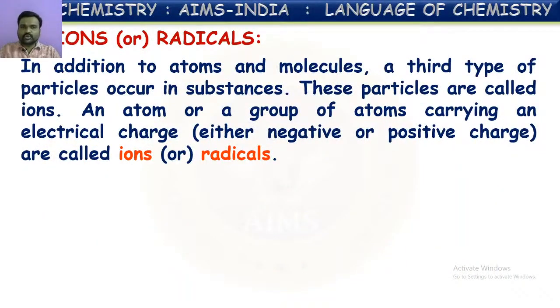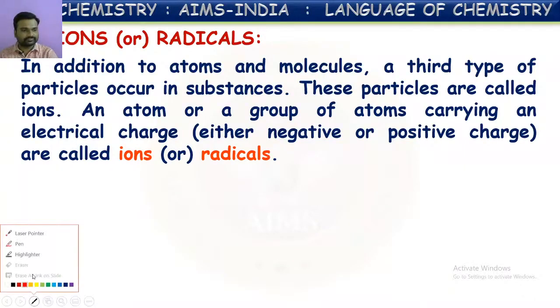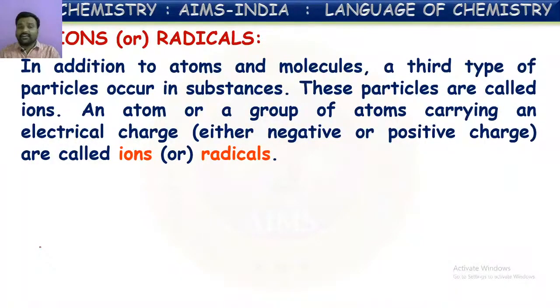In addition to atoms and molecules, a third type of particles occurs in substances. In the previous basic classes, we have studied that matter is made up of atoms and molecules.